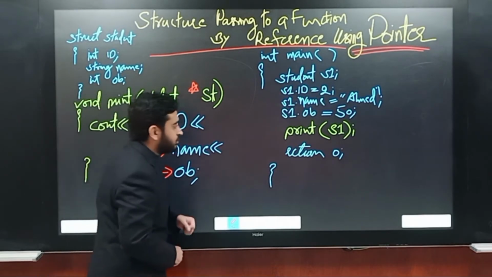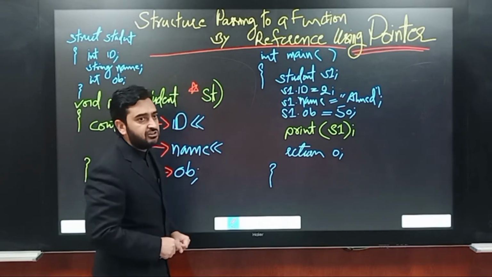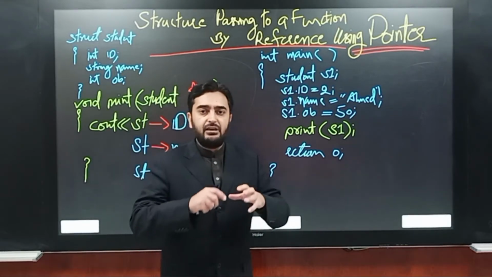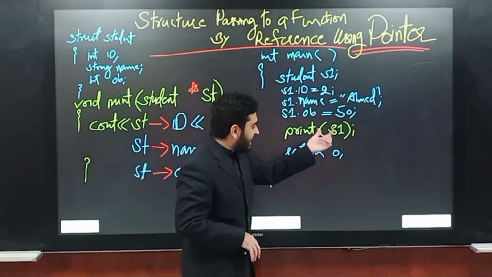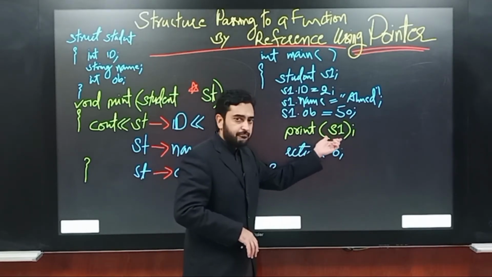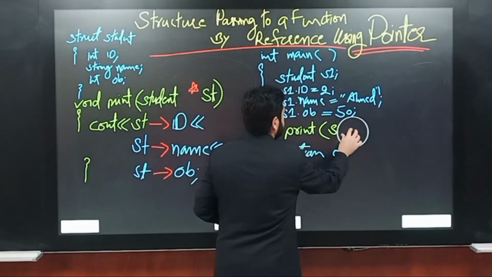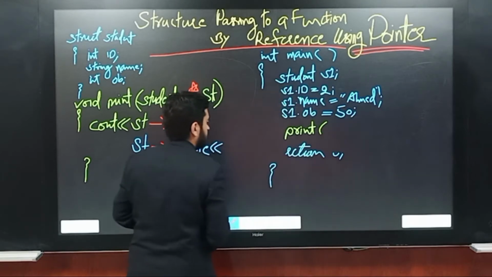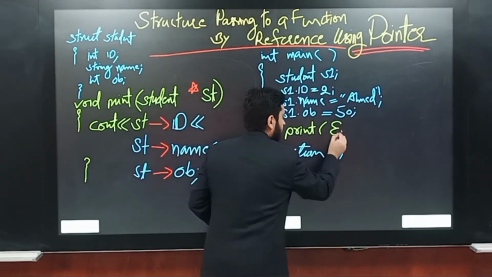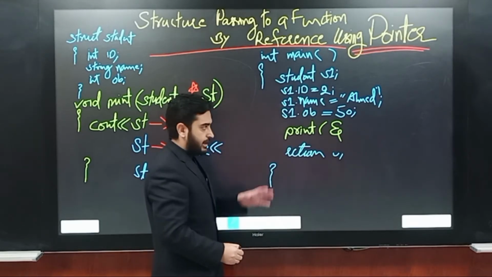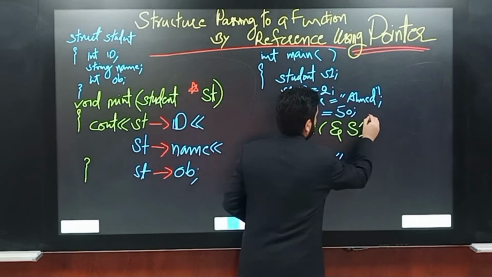So what can we do here? Another point: the pointer cannot automatically fetch the address of the variable. So what should we do? We should pass the address from here, from the calling position. So we write print, the reference operator and then the object s1.